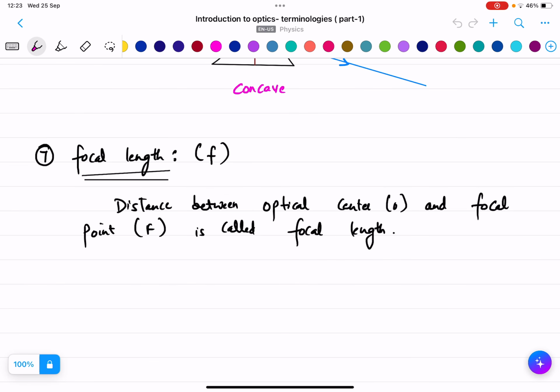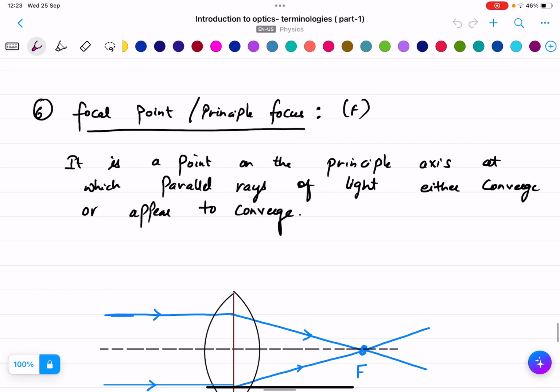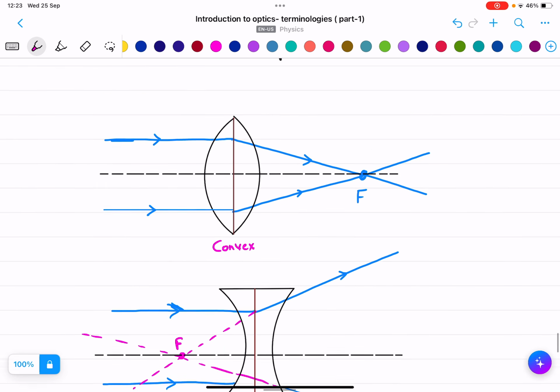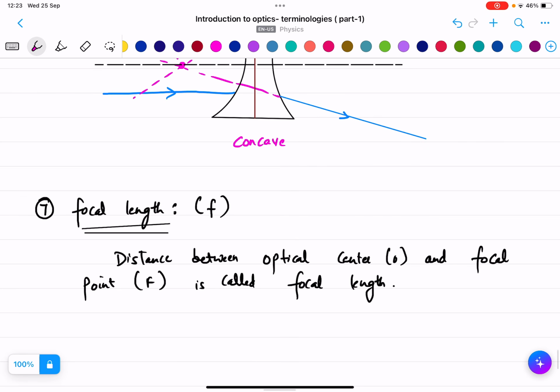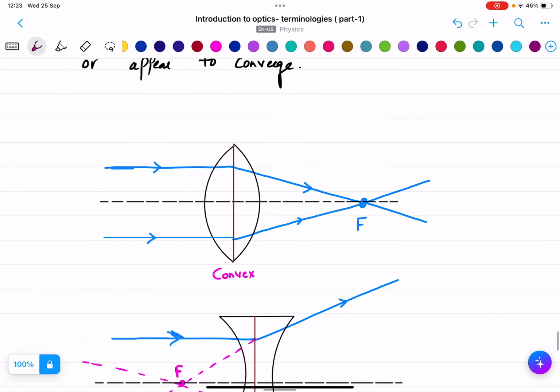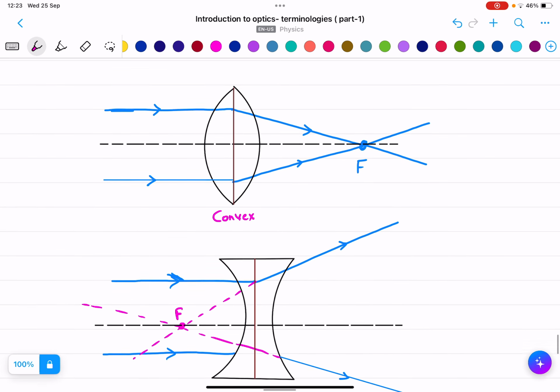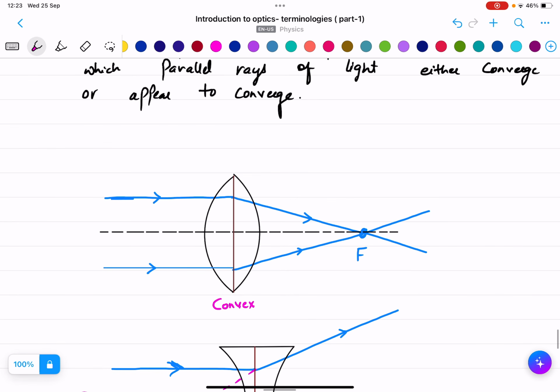Another one is focal length. Always remember, focal point is denoted by capital F, but focal length is denoted by small f. Now what is this focal length? We will just copy this picture, both the pictures.